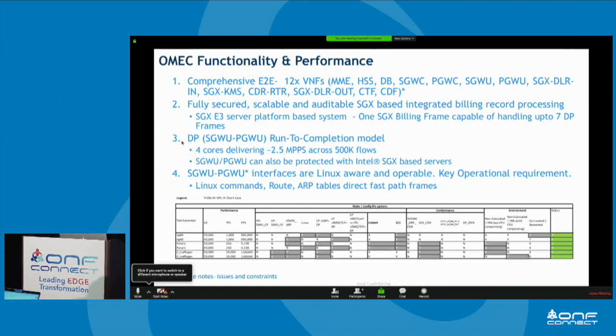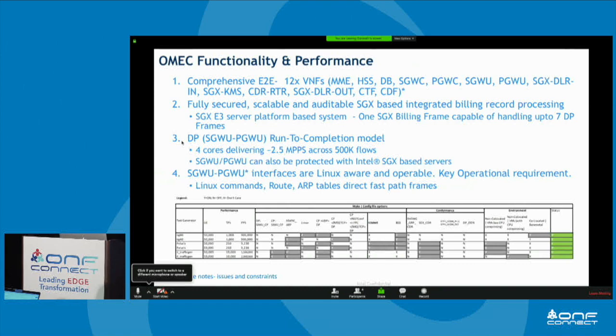Typically this model is preferred because it gives you low latency versus getting all the data plane traffic flowing through your data center. And when those gateways are run on the edge, maybe in a shopping mall or in a big public place or in a big enterprise, there is a need for security, and at that point, security is no longer optional. So we are also working on making the S gateway U, P gateway U implementations protected using Intel SGX.